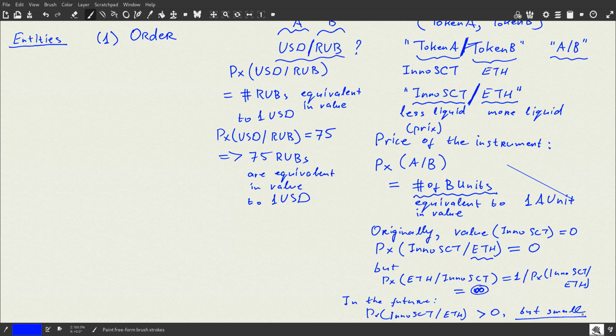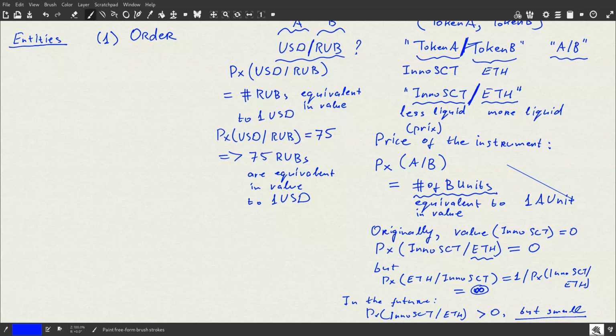This is contrary to convention, because, for example, typically, and you can see it from the USD ruble point of view, not only do we obviously want this price to be finite, so it is not infinity, but we also normally want this price to be greater than 1, like USD ruble, USD to Canadian dollar, USD to Japanese yen, euro, or the other way around, euro to USD.